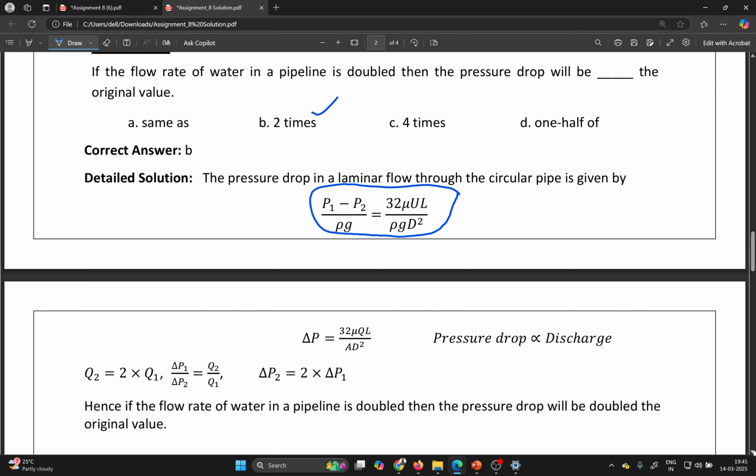Here you can see, from here you can write delta P is directly proportional to your velocity.